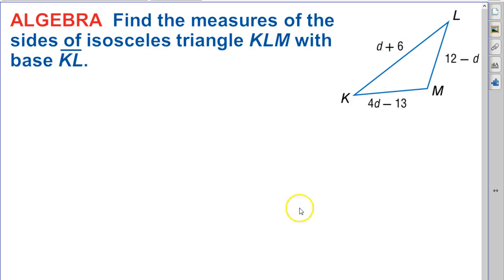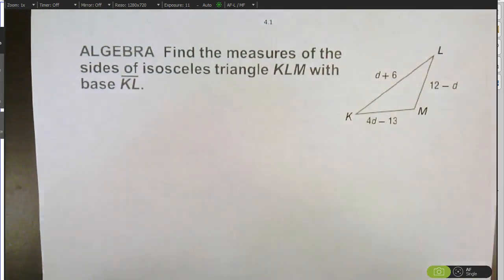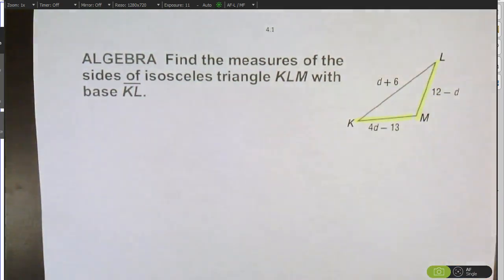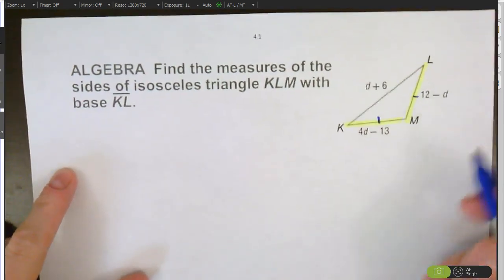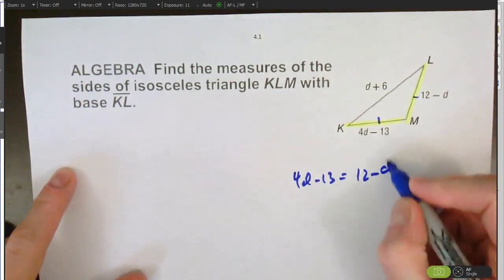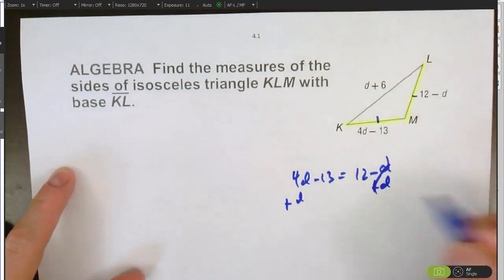All right, so our example is to find the missing side lengths, knowing that KL is the base. What that means in the drawing is that KM and LM have to be the congruent sides. So in order for them to be congruent, 4D minus 13 has to be 12 minus D. Add a D to both sides, cancel it off.